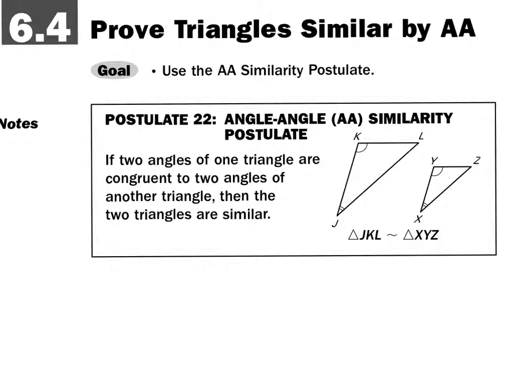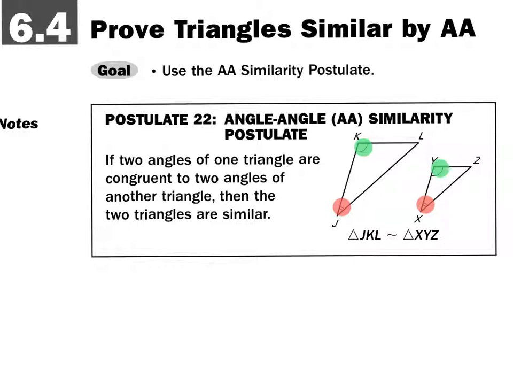So in the example here, you can see that K and Y are congruent, and angles J and X are congruent.